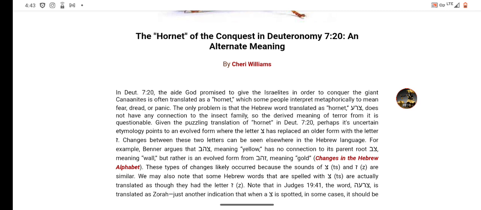You should not be terrified of them, for the Most High, your power, the great and awesome Hawa, is among you. So when you see these so-called hornets, that means the Most High is present.